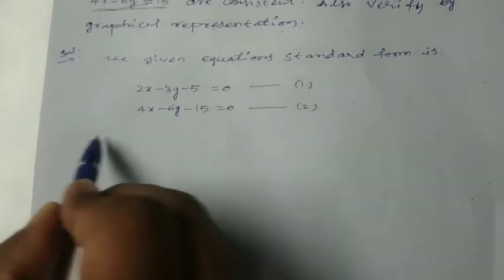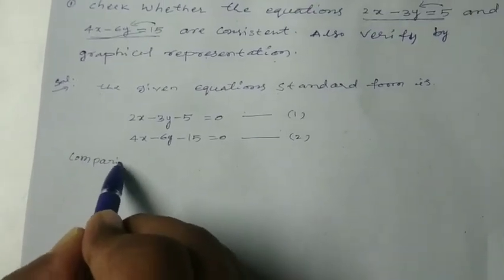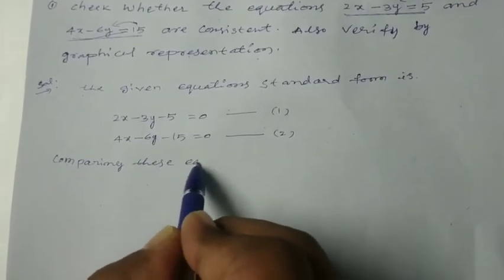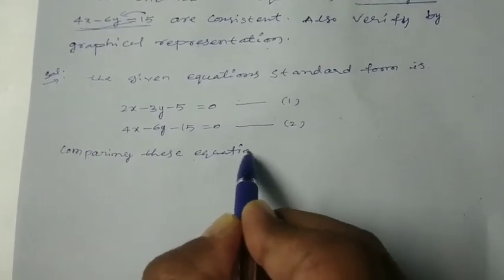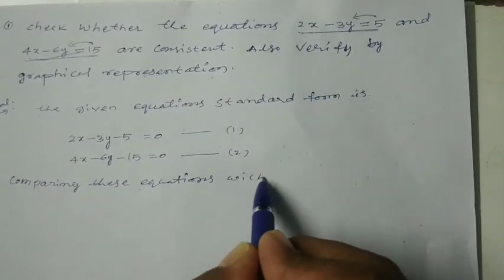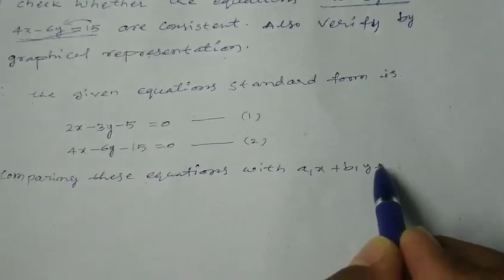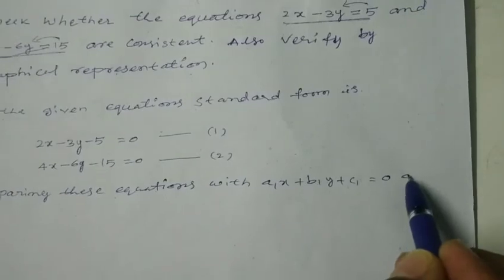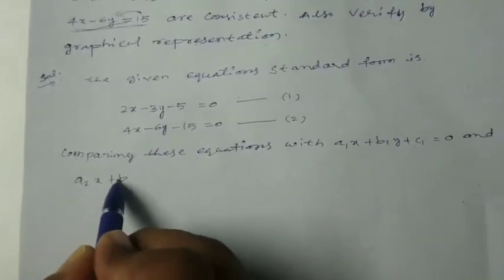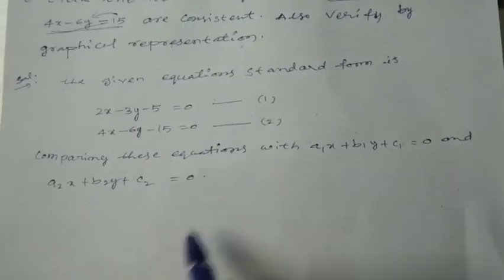Now comparing these equations with a1x plus b1y plus c1 equals 0 and a2x plus b2y plus c2 equals 0.